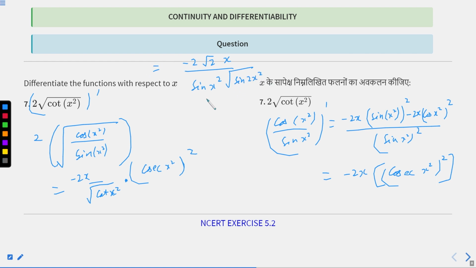Please verify it. So we will be stopping here. I hope you can verify that we are getting minus 2 root 2x divided by sine x square root of sine 2x whole square. Please do verify it, as I think this is the correct answer.